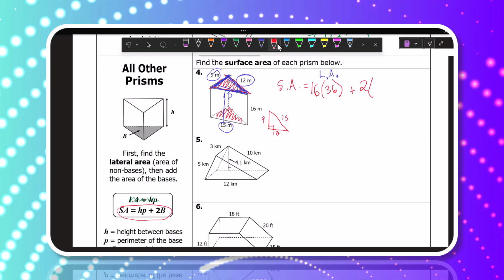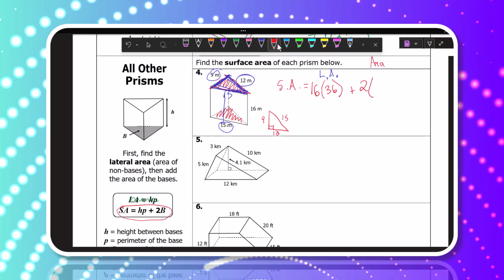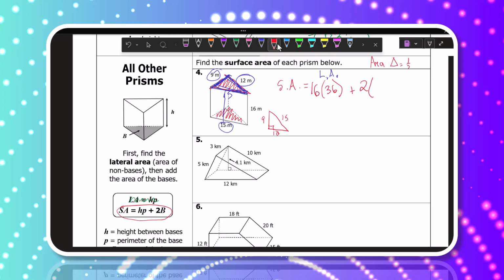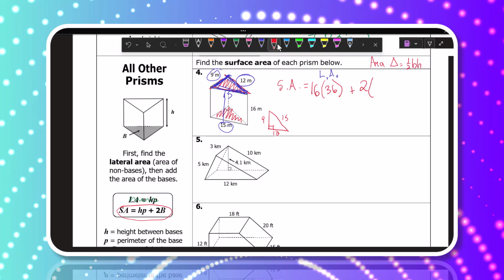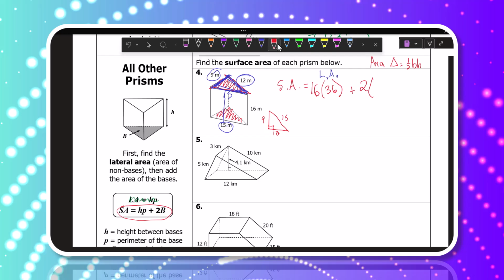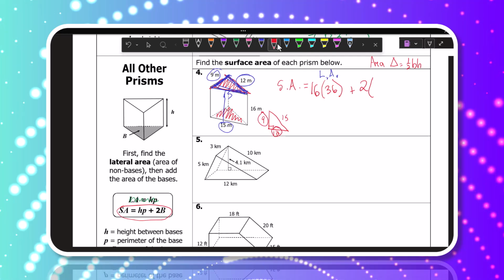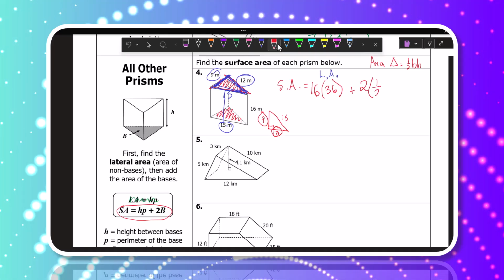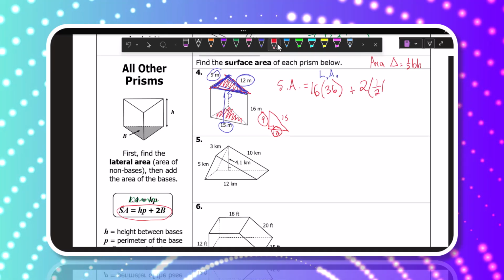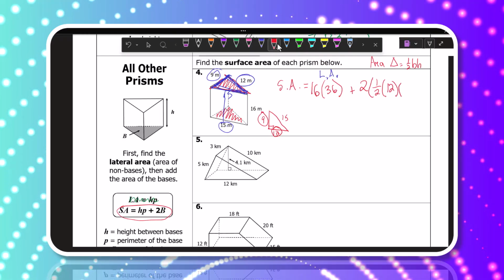So when we want to find the area of a triangle, remember that it's 1/2 base times height. Well, here the base and the height always make a right angle. So the base and the height are 9 and 12. Which is which? It doesn't matter. So we'd have 1/2 times the base times the height.